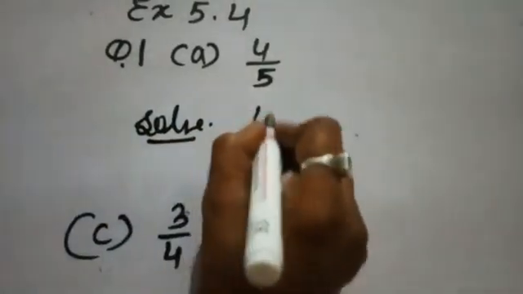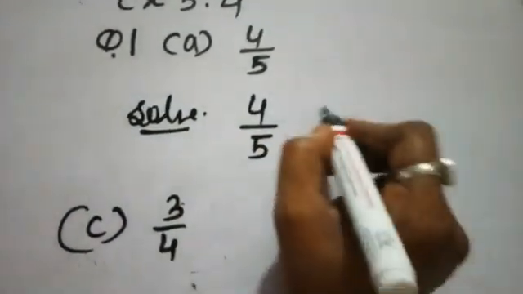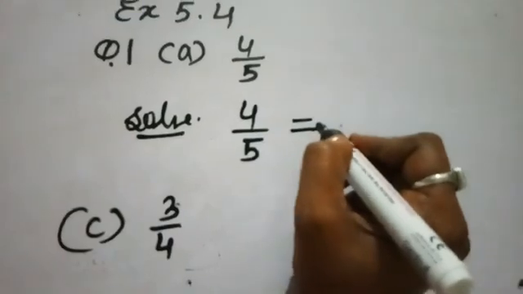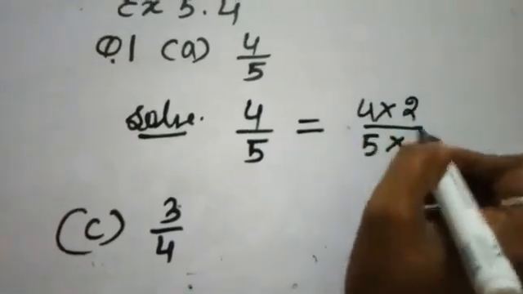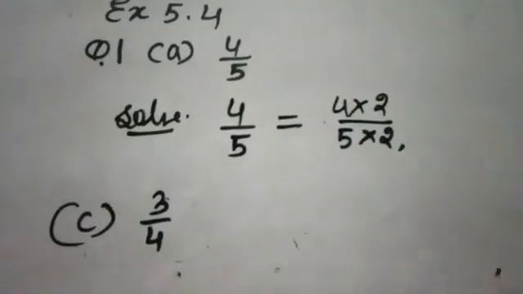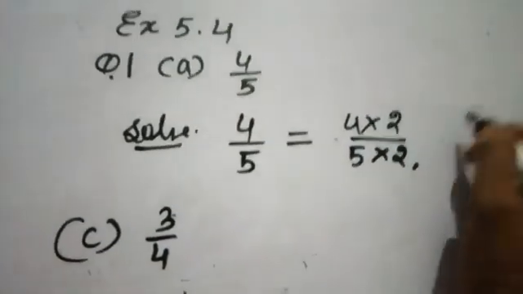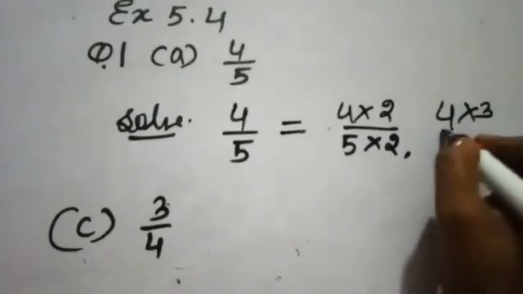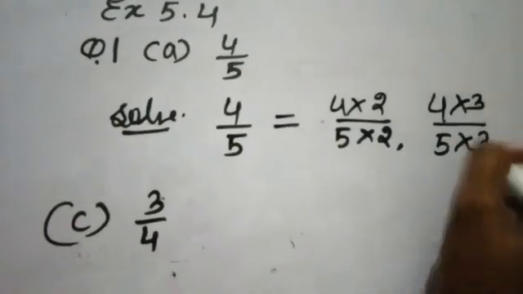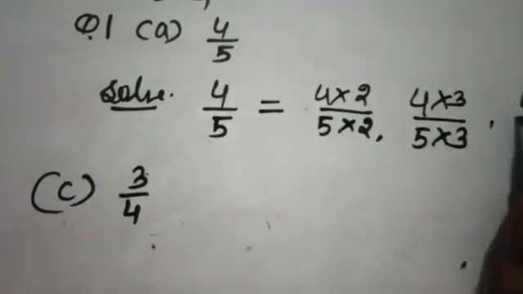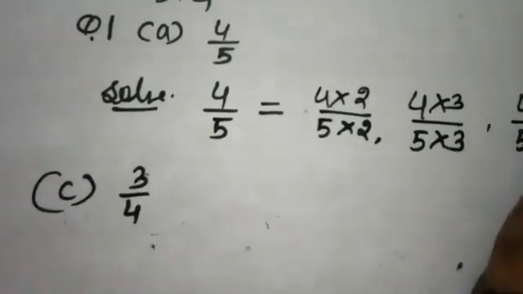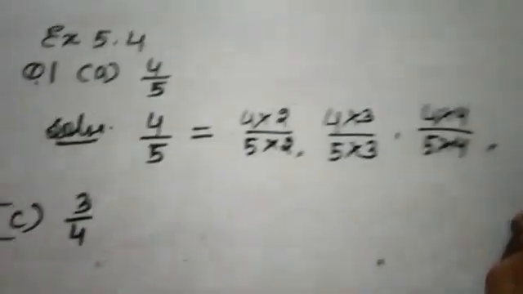As I told you, if we want to find 4 equivalent fractions of any number, you have to make the table of the given fraction. It means you multiply both the numerator and denominator by the same number. 4 2s are 8, 5 2s are 10, then 4 3s are 12, 5 3s are 15, then again 4 4s are 16, 5 4s are 20, and 4 5s are 20, 5 5s are 25. How many equivalent fractions do we have to find?